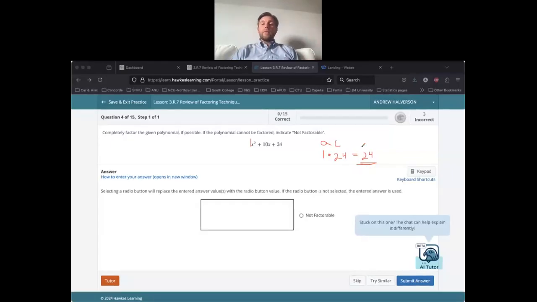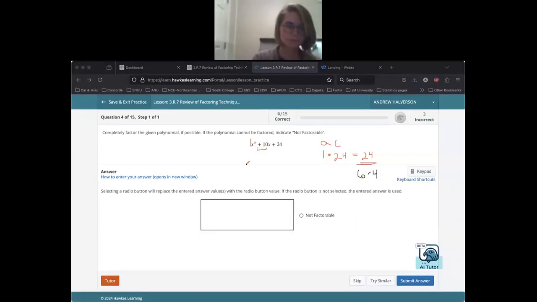You look for the factors of 24 that will add to give your middle value of 10. So what are the factors of 24 that will give you your middle value of 10? 6 and 4. Right. 6 times 4 will give you 24, and they will add to give you 10.